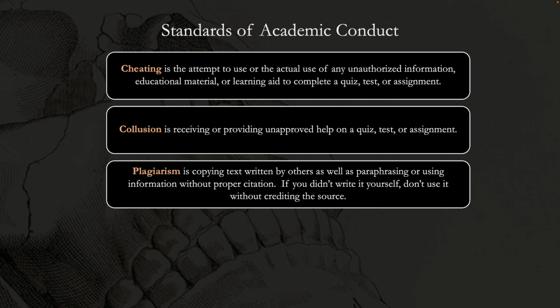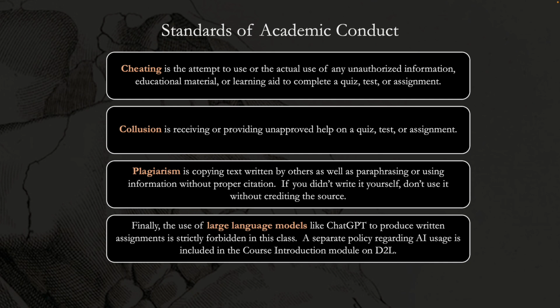Plagiarism is copying text written by others, as well as paraphrasing or using information without proper citation. If you didn't write it yourself, don't use it without crediting the source. This can get you into a lot of trouble. It can get you expelled from college, and it could be a permanent blemish on your academic record. So all three of these things are forbidden.